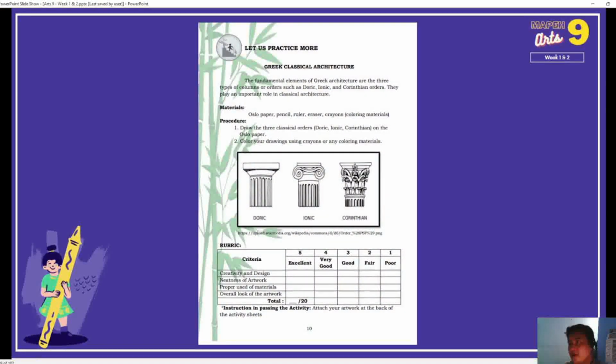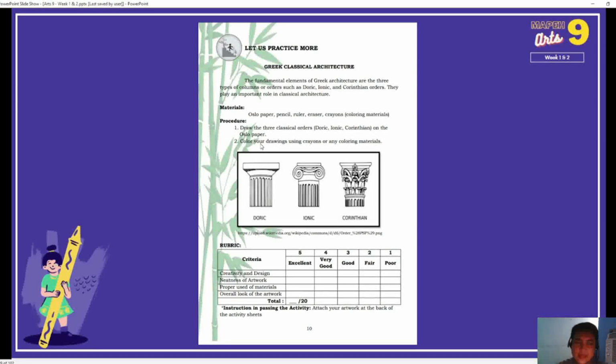And for your Oslo paper and typewriting, we have here the Greek classical architecture. The fundamental elements of Greek architecture are the 3 types of columns or orders, such as Doric, Ionic, Corinthian orders. They play an important role in classical architecture. So draw the three classical orders, the Doric, Ionic, and Corinthian on your Oslo paper.